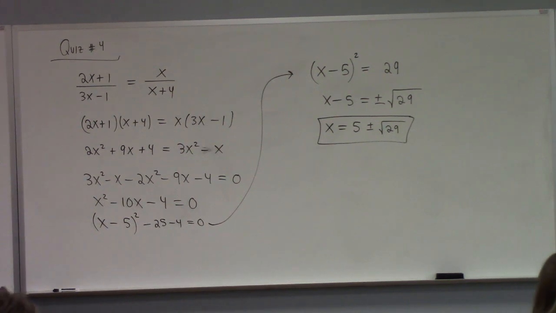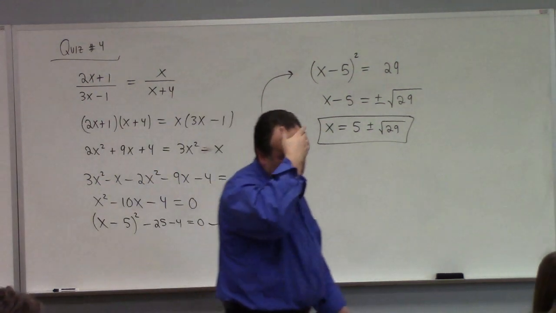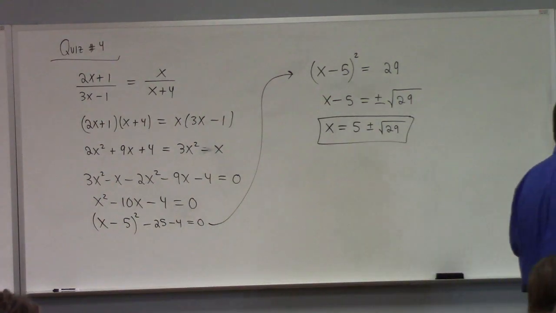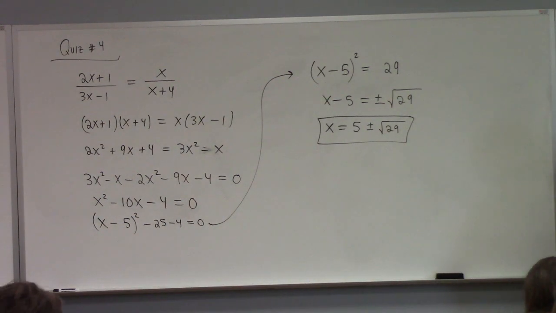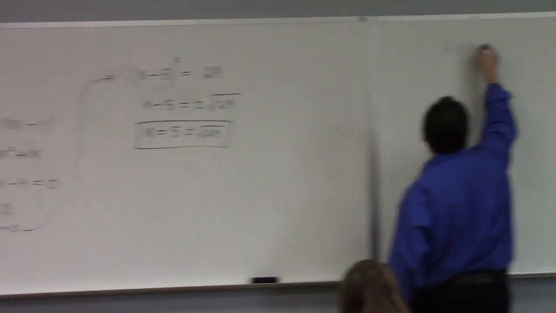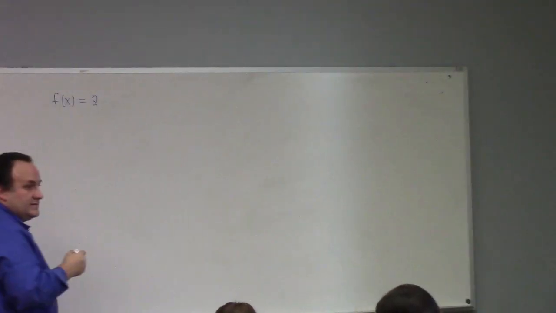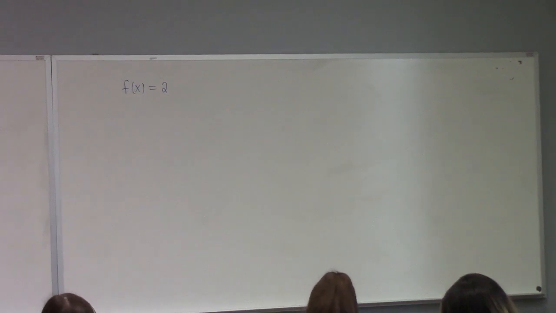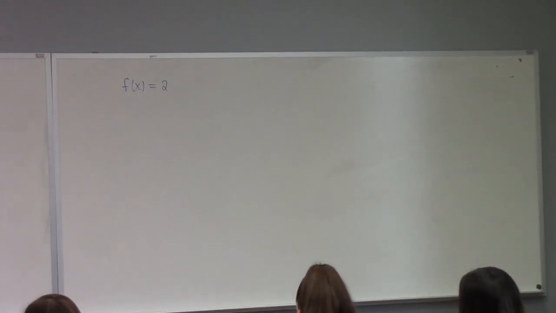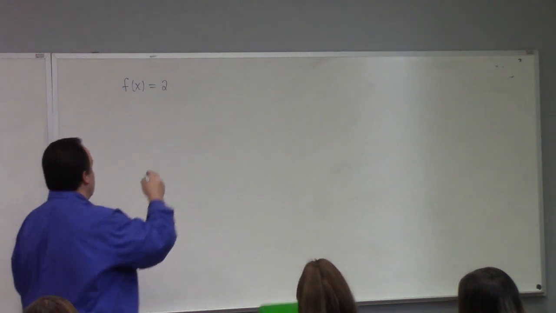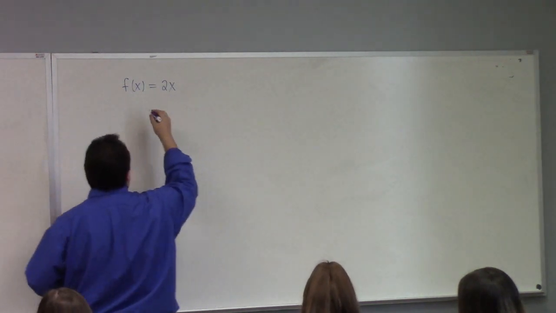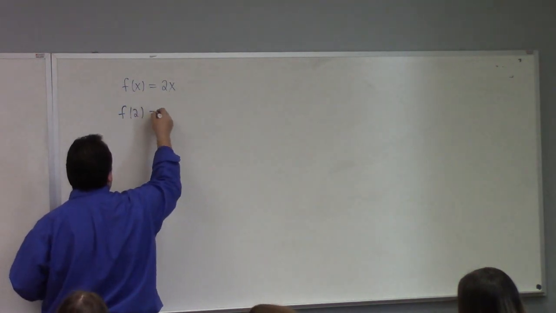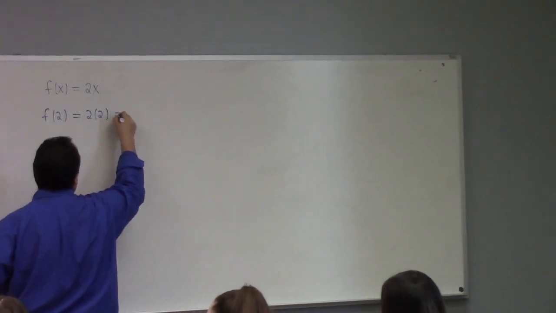So you said what was your f of x? It was 2. So your f of x was 2? Yeah. I mean, this is a function. This would be a constant function, right? I think you were saying 2x though. Yeah, like 2x. Then if you plug in 2, you get 2 times 2, which is 4.